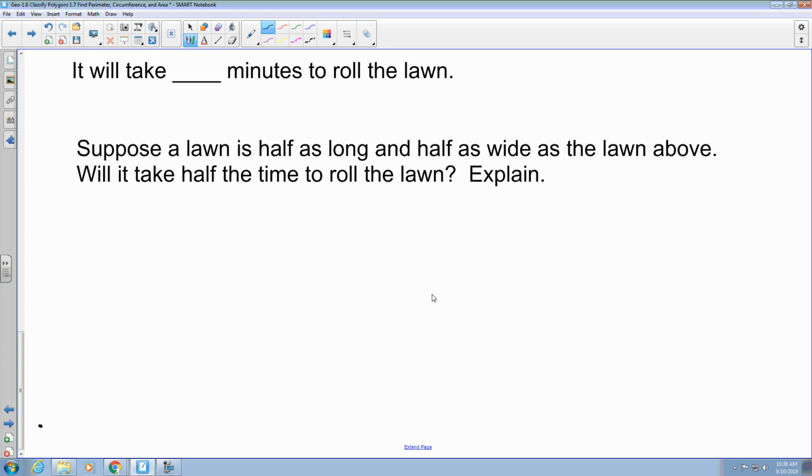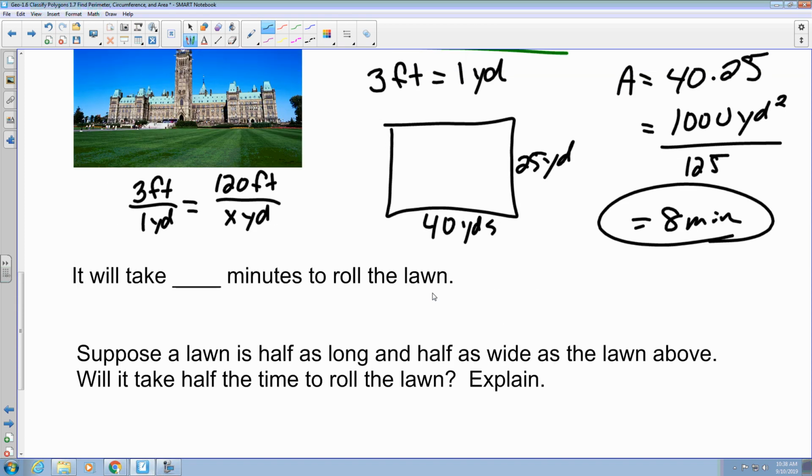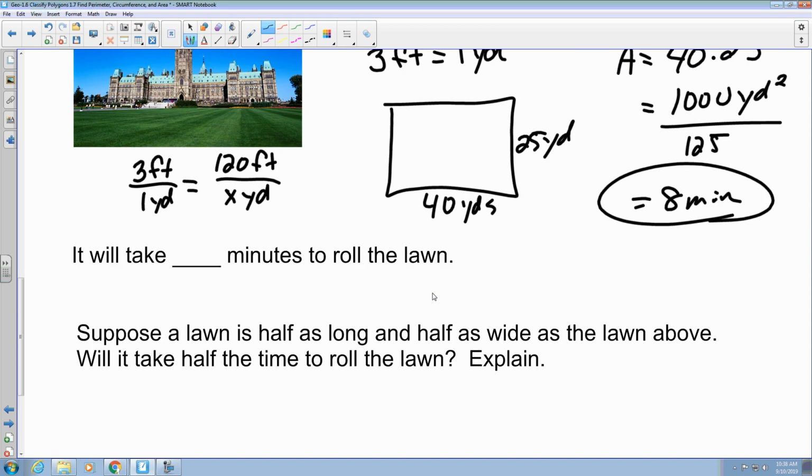All right, so here it says, suppose a lawn is half as long and half as wide as the lawn above. Will it take half the time to roll? And it's asking us to explain. So let's say I cut this in half here, and I cut this in half here.